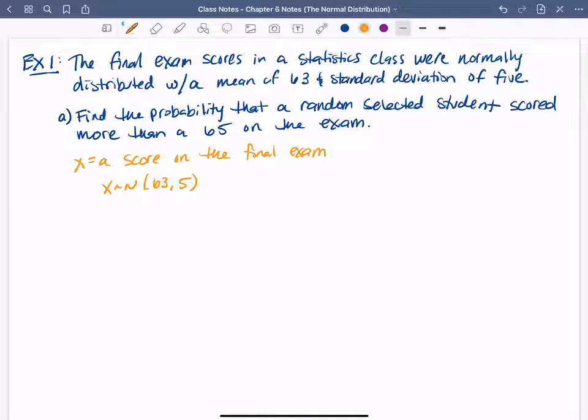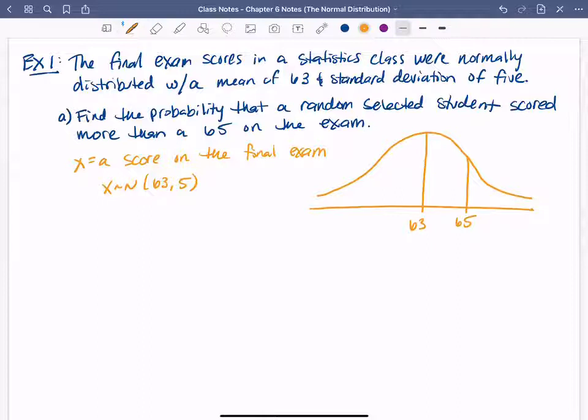So what I want to do is let's actually draw this. So our mean is 63, and our x value, we said 65, because that's the score on the exam. We want scores more than 65, so we're shading more than 65, which is all out here. So this is where we are looking.